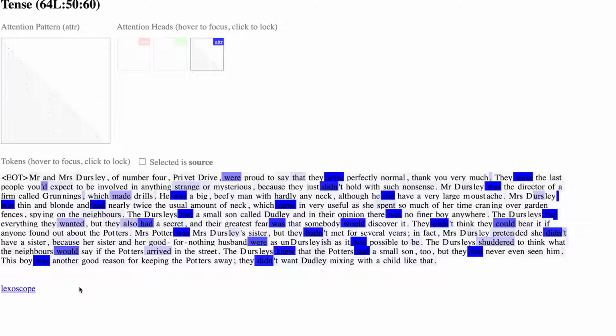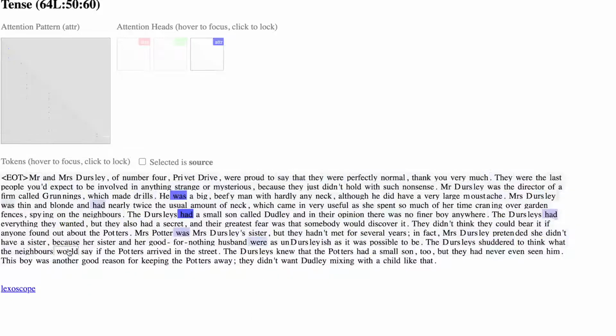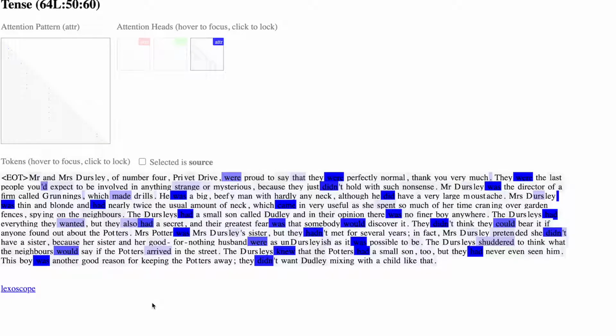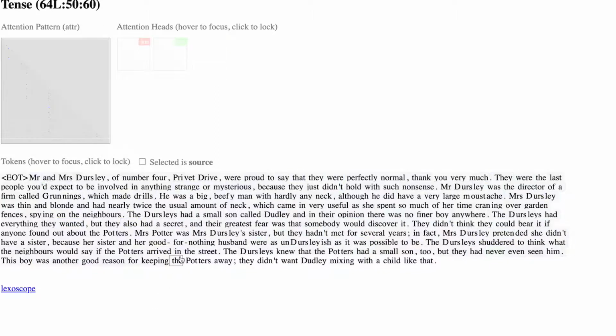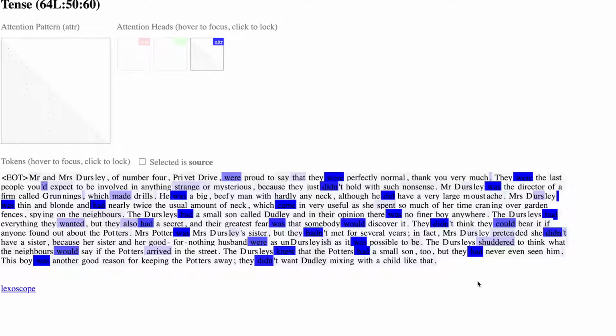Maybe it's not that concerned about whether it's perfect or imperfect. Now there's some singular versus plural as well. So where can we see that? So was, had, was. I guess had is actually plural, so that's an exception.